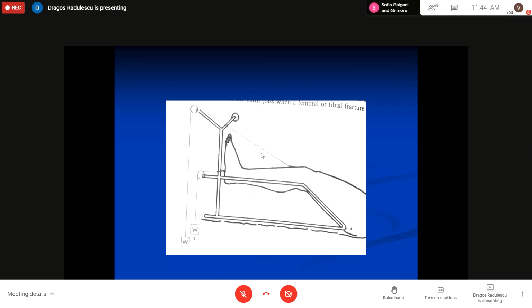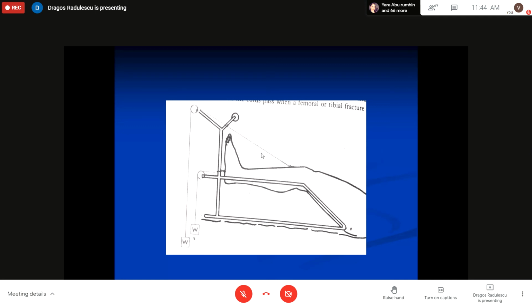We do condyle traction, but this is the only picture that we have.